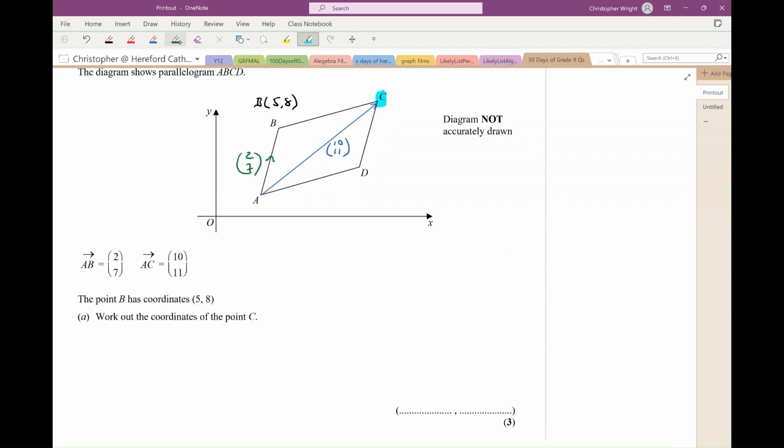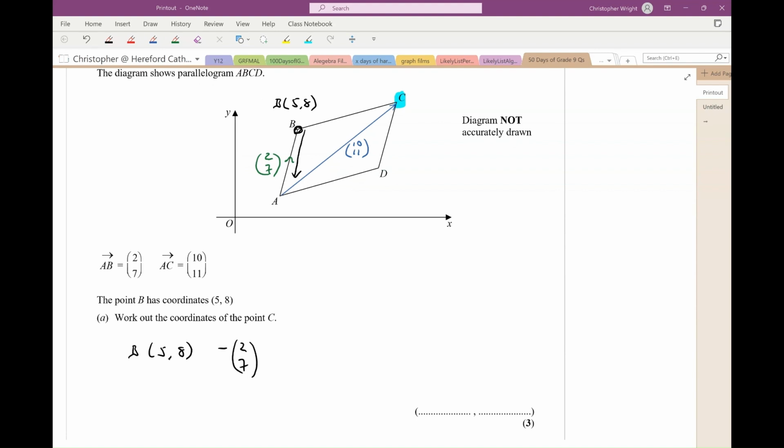I reckon I can go from point B, which is (5, 8), down to A. I'm going to subtract the vector (2, 7), and that's going to give me the coordinates of A. Then I can make my way from A to C, because I know that from A to C I'll need to add on the vector (10, 11). So I'm going to add on 10 along and 11 up.